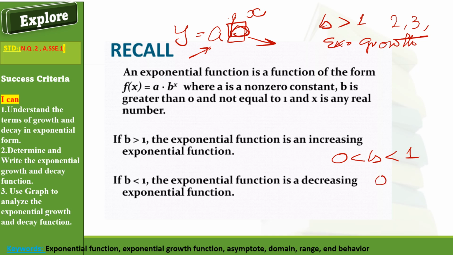For example, 0.25 or 1 over 3, which gives you 0.33, or a half, which is 0.5. If our base is between 0 and 1, then it is said to be exponential decay. So b greater than 1 is exponential growth, and b between 0 and 1 shows exponential decay.